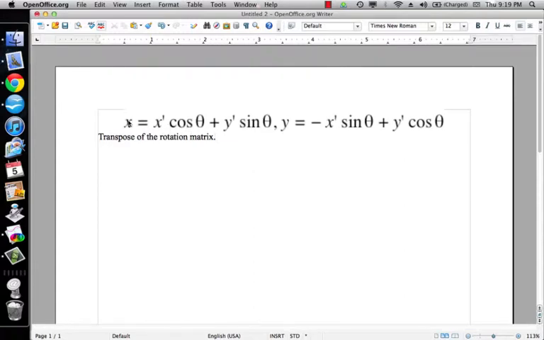But basically what I want to do is, everywhere that I've got an x, I want to replace it with an x cosine theta plus y sine theta. And every place I've got a y, I want to replace it with negative x sine theta plus y cosine theta, where theta is how far I want to rotate by.